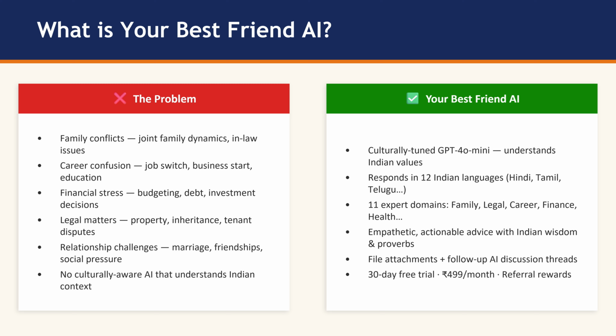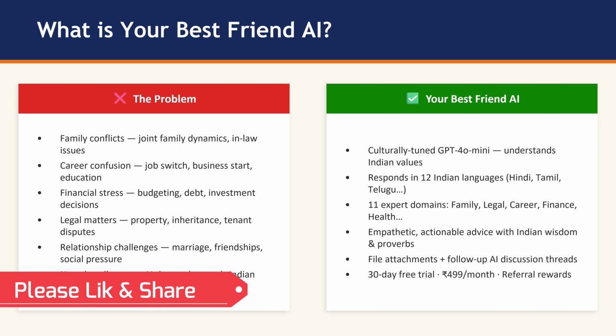Your Best Friend AI covers 11 expert domains. The AI is culturally tuned. It responds in Hindi, Tamil, Bengali, Marathi, Kannada, Malayalam, Punjabi, Urdu, Odia, and English.